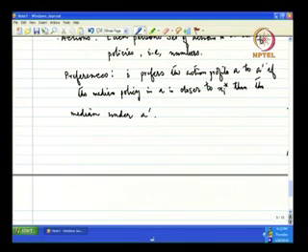So, basically preferences as always depend on the action profiles.